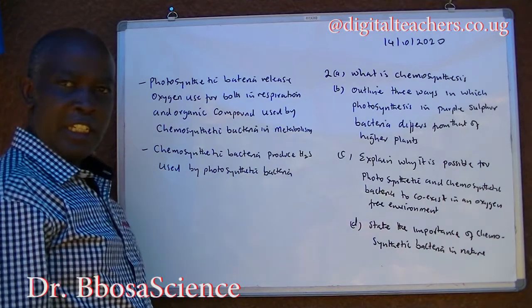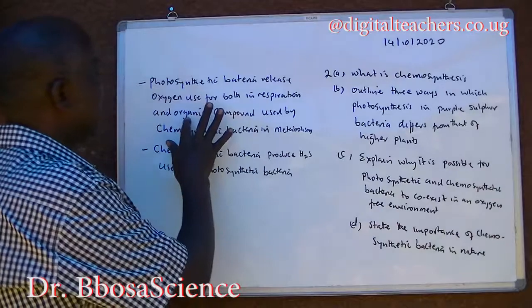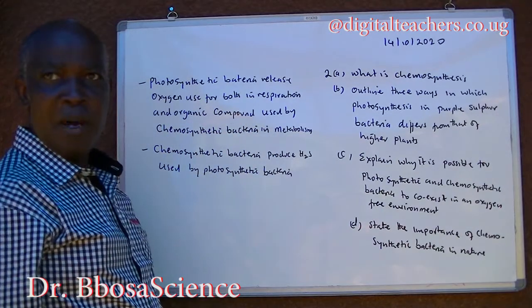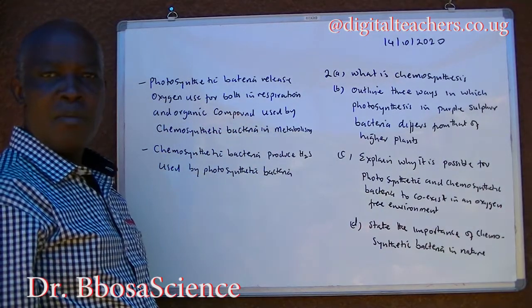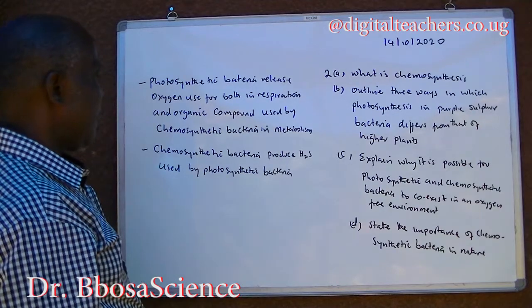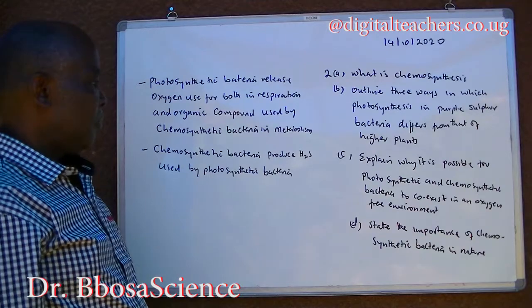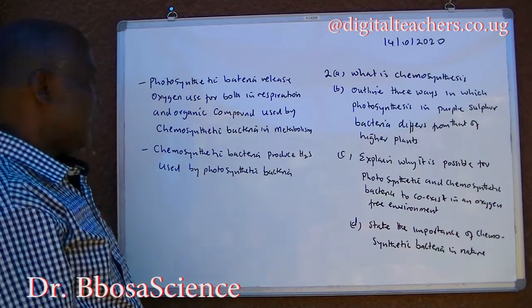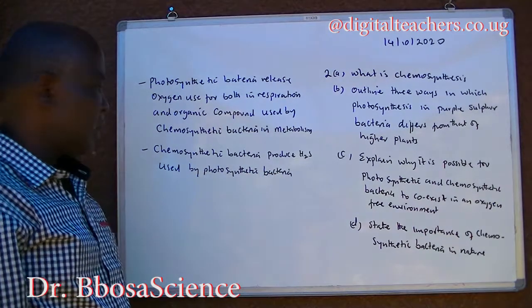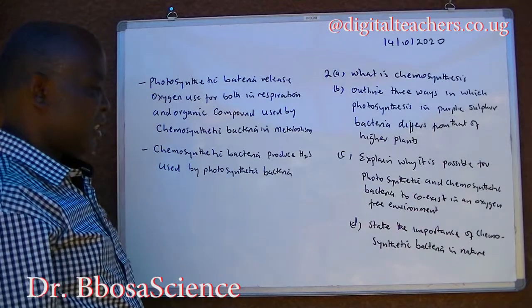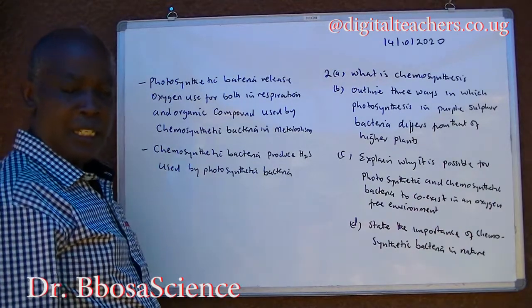It also releases organic compounds which can be used in respiration by chemosynthetic bacteria. Chemosynthetic bacteria will produce hydrogen sulfide and other chemicals that are used by photosynthetic bacteria.